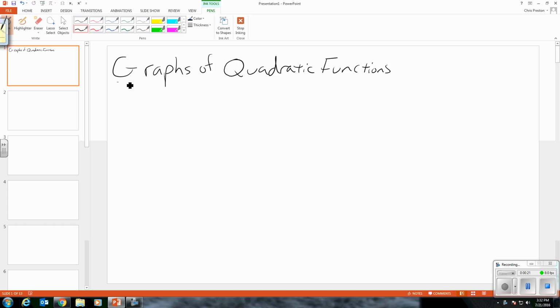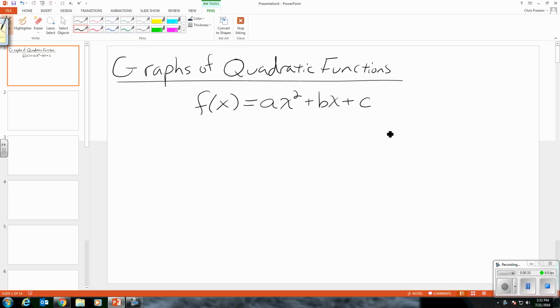The general format for quadratic functions is the following: a number times x squared plus a number times x plus a number. And you will recognize this format if you've worked with the quadratic formula. It is used in the same way, and that will be important for some of the features we're going to look at.